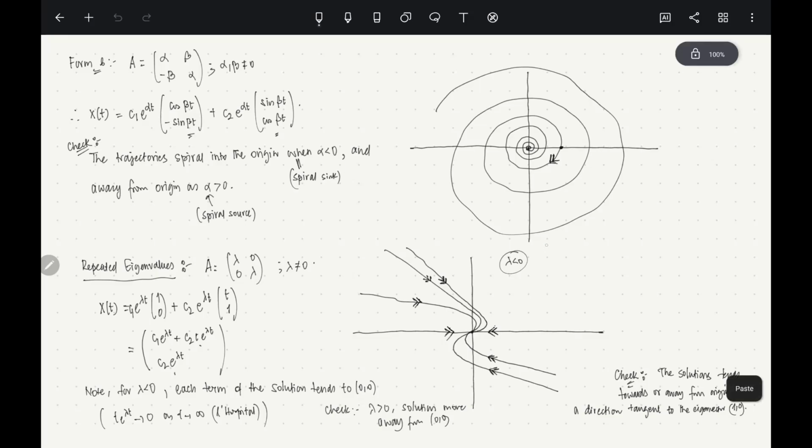So let's say you are starting somewhere here, how do you move? Essentially you move tangent to the eigenvector (1, 0). So you go like this, and after that you come here. You understand?